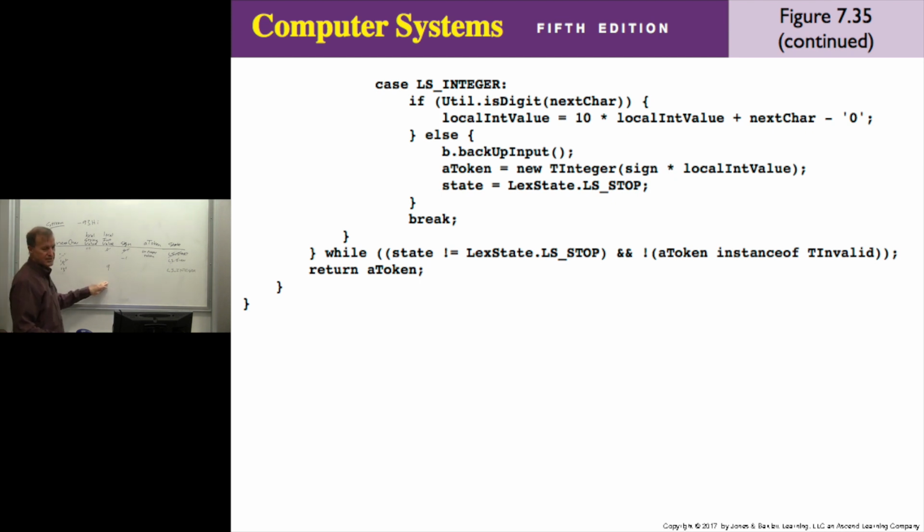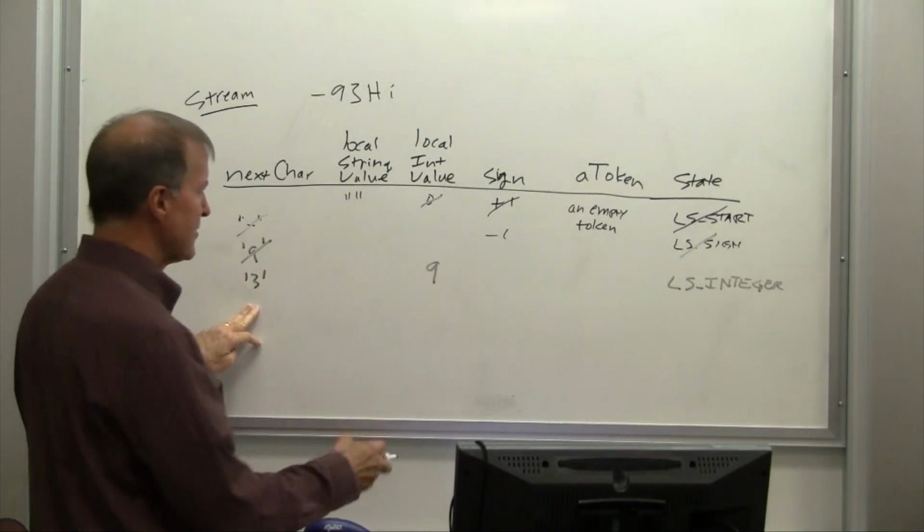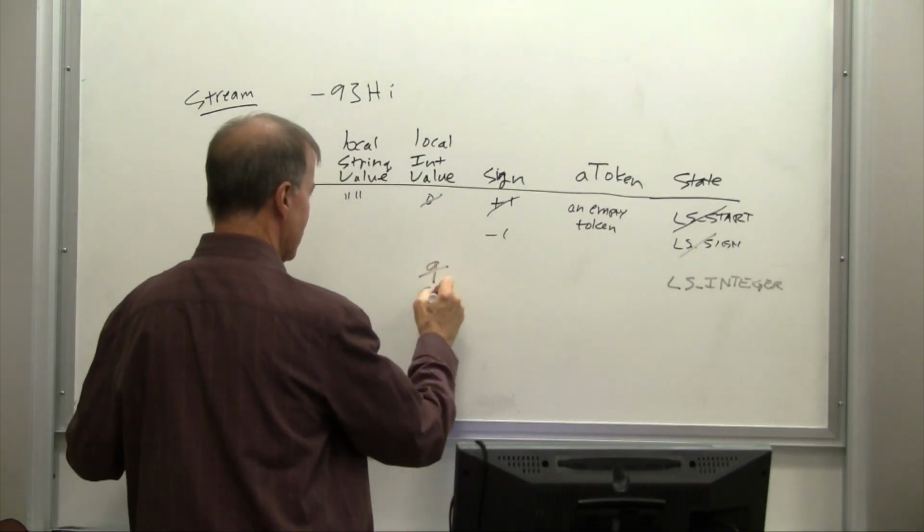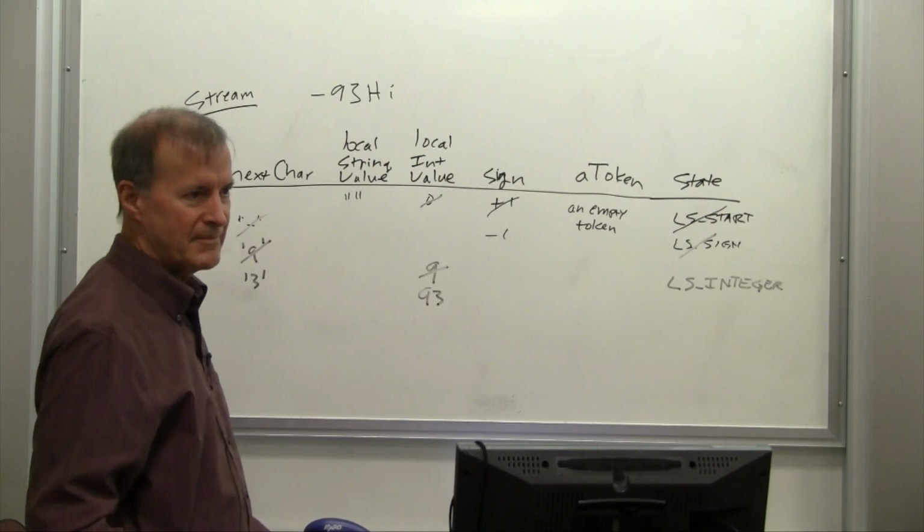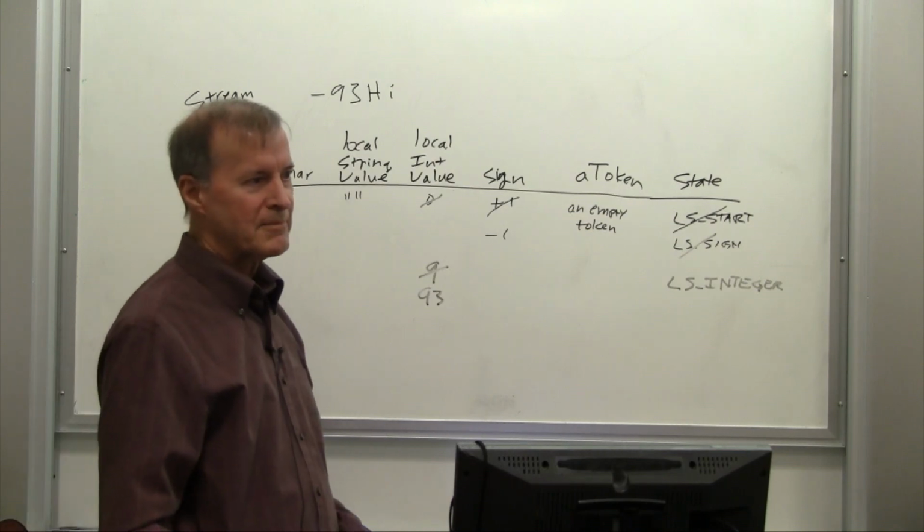Okay, so if util is digit, yes or no? Yes. Here comes our nice little code, converting to int on the fly. What's 10 times 9? 90. What's nextchar minus 0? 3. What's 90 plus 3? 93. So what does this int value get? 93. Are we good? We've seen that technique before.